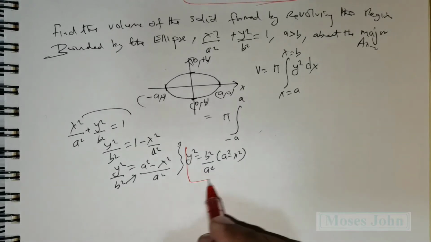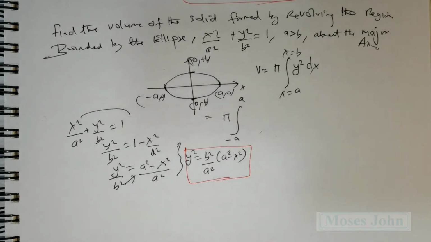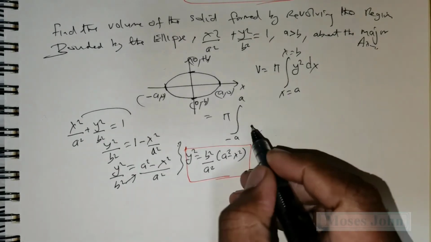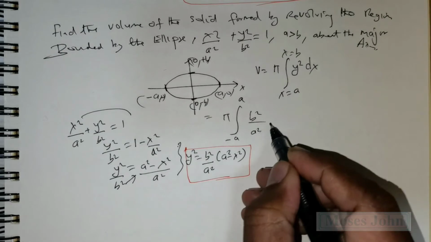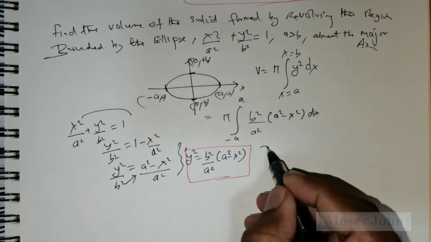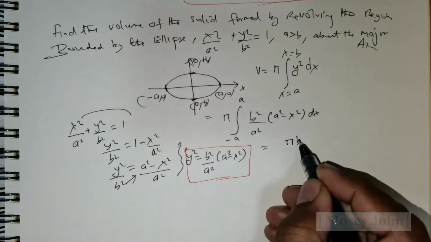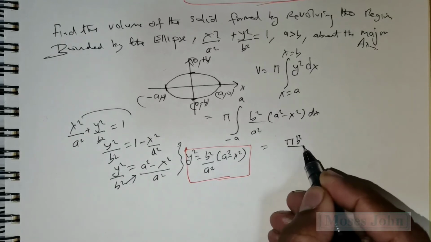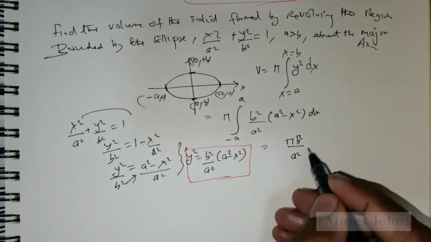Now we substitute this in the formula. That would give us b squared divided by a squared times a squared minus x squared times dx. Now this is going to be pi times b squared, and of course in the denominator we have a squared.